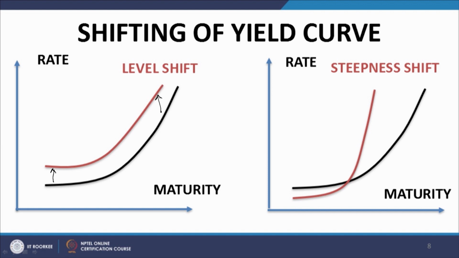Then the second shift is called the steepness shift, where the short end interest rates decrease and the long end interest rates tend to increase, so that the yield price curve increases in steepness, as you can see here the brown curve versus the other curve, which is much less steep than the brown curve, which is the shifted version of the yield price curve.